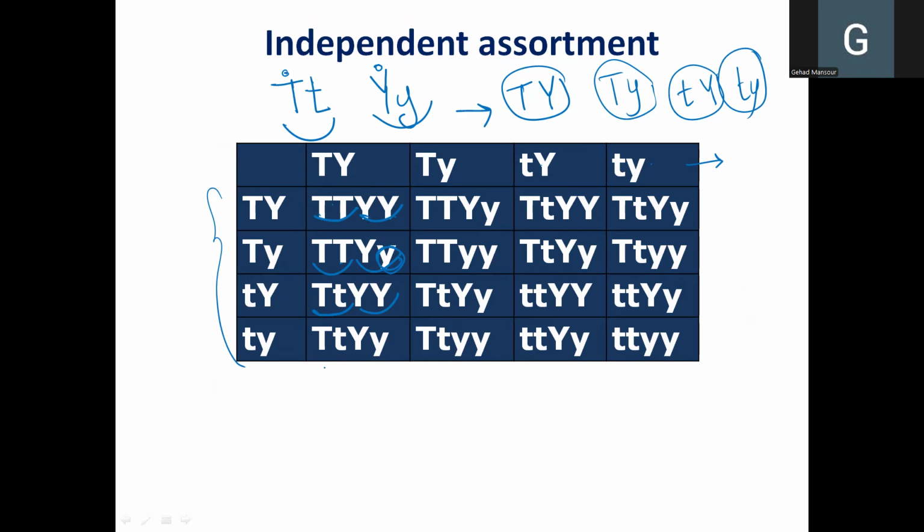Tall, yellow, tall, yellow, and that's it. So if you count the number of individuals that are tall, yellow, you will find that there are 9: 1, 2, 3, 4, 5, 6, 7, 8, 9.